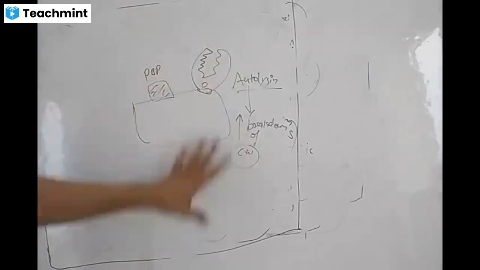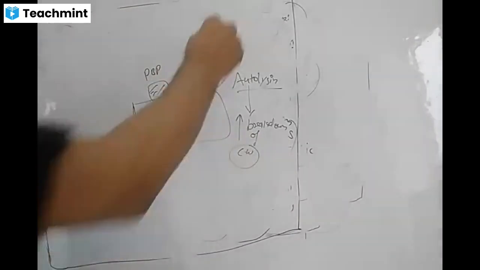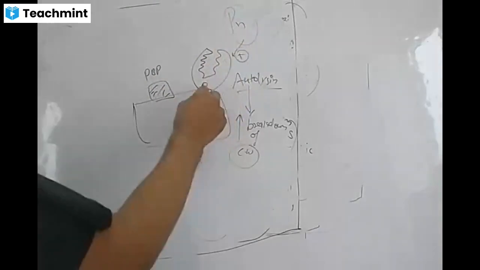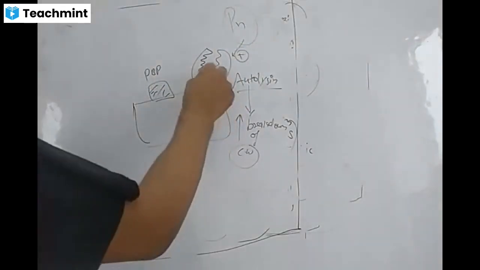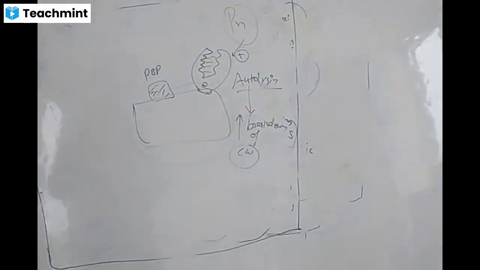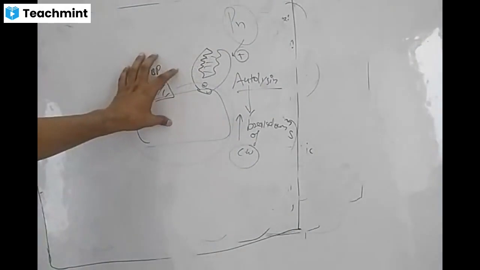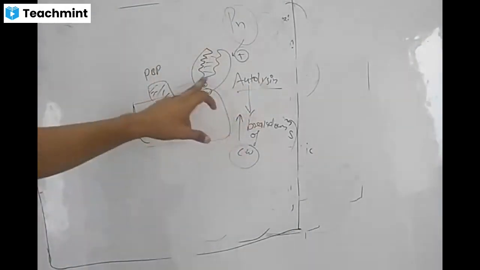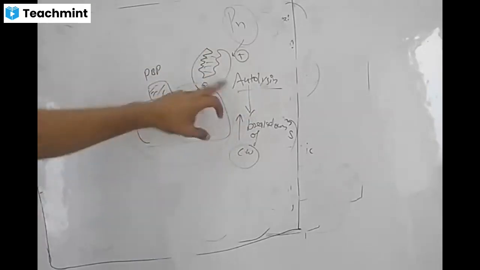If we give our penicillin and they activate this autolysin, it will start digesting the cell wall. So one mechanism is penicillin binding protein, make the wall loose, bust the bacteria. Second is the mechanism of autolysin activation.